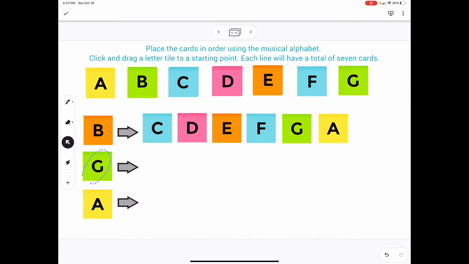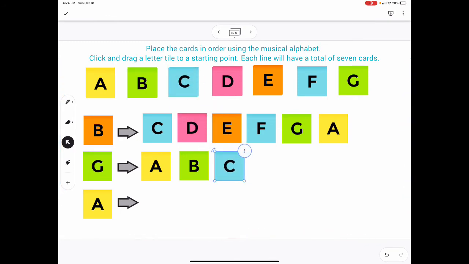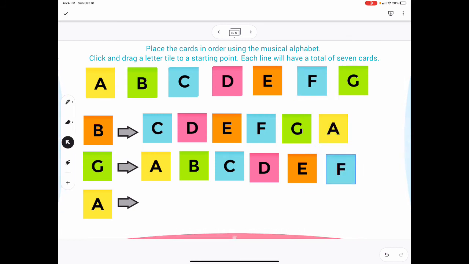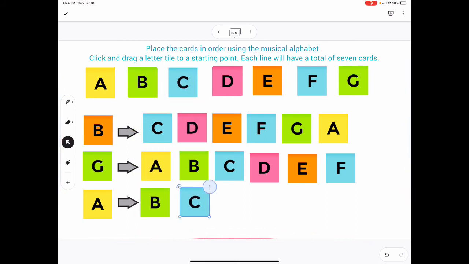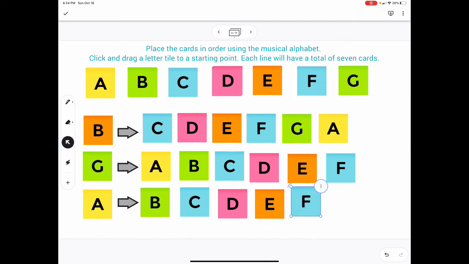Let's start on G. What would be our next note if we started on G? Very good. A, B, C, D, E, and then F. Okay? And of course, our A would be B, C, just our regular musical alphabet. E, F, and G. Pretty simple.